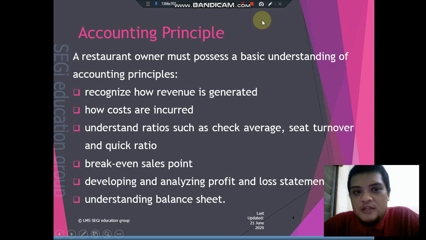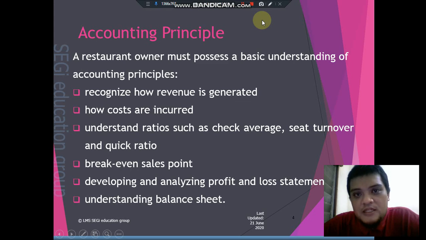So let us go very quickly through the accounting principles that you as the restaurant owner must understand in order to run the restaurant operation. Number one, as a good restaurant owner, you must know how revenue is generated. It means how many sources of revenue you will get in your operation.